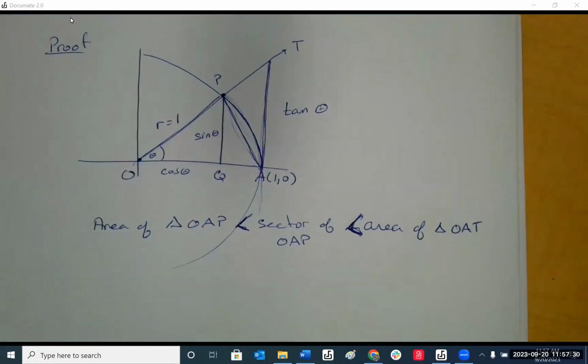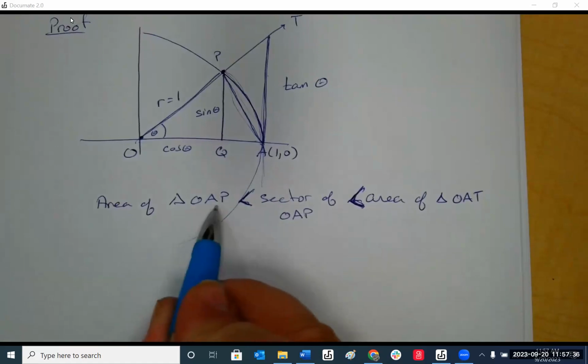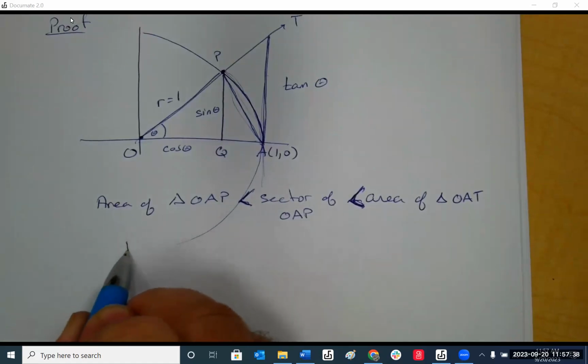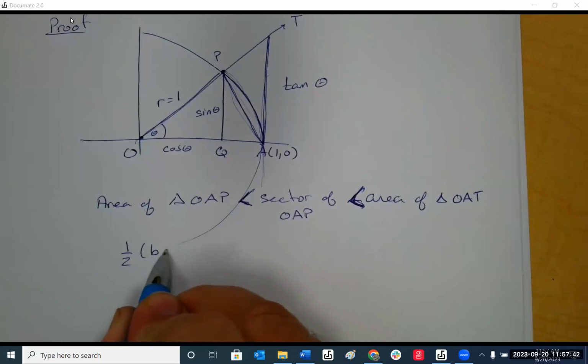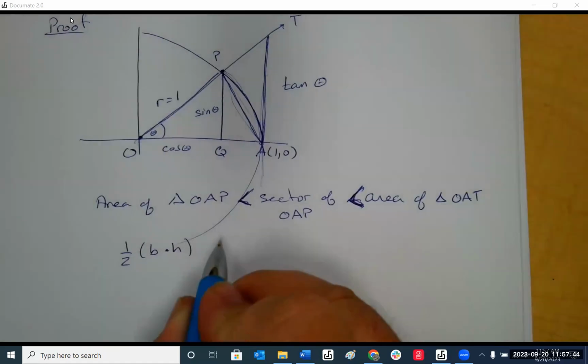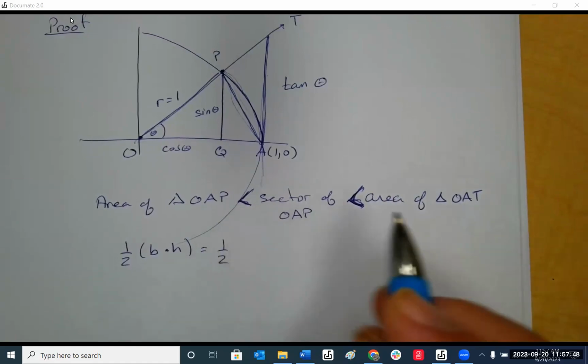True. Now let's put numbers to these guys. The area OAP is equal to half the base times the height, which is equal to half.